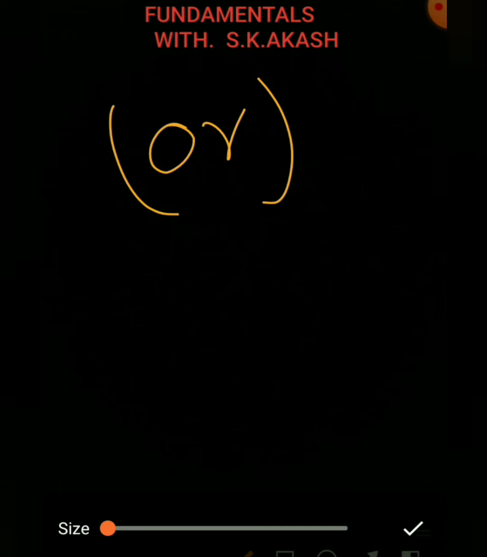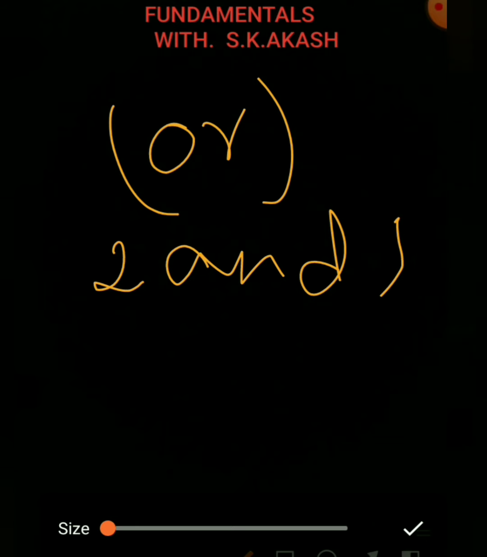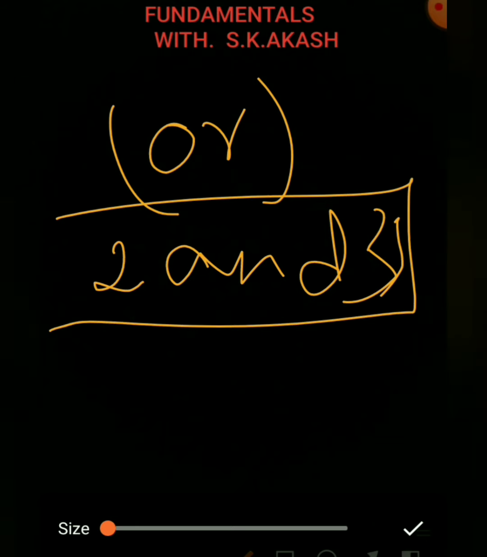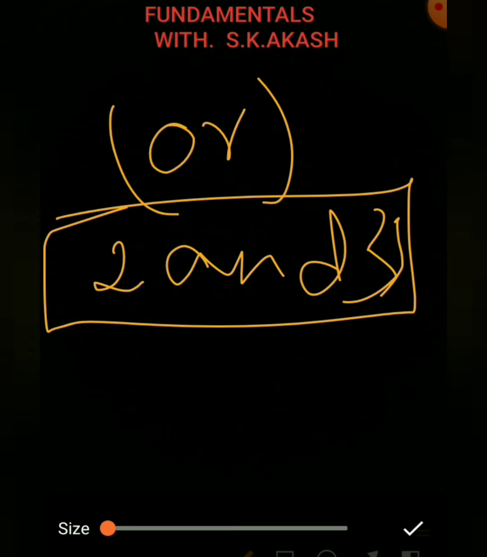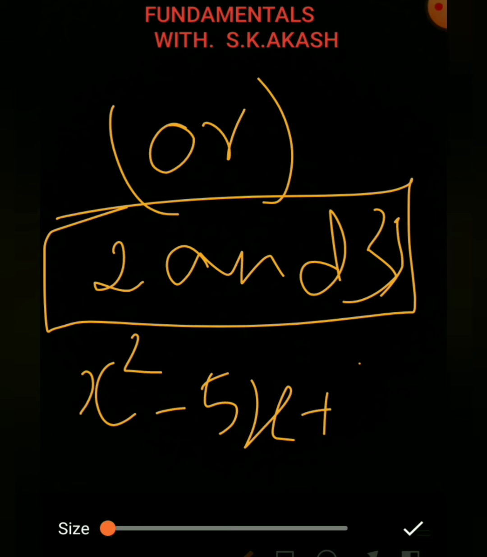When you solve a quadratic equation, you will get the conjunction as or only. So you will get two values, so it will be correct.